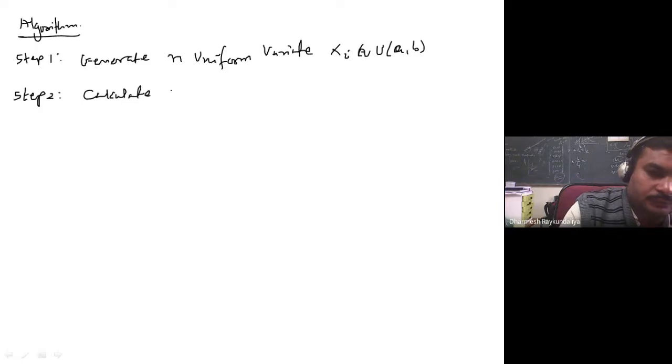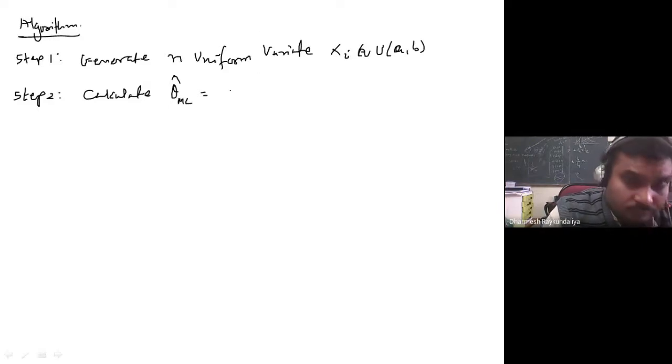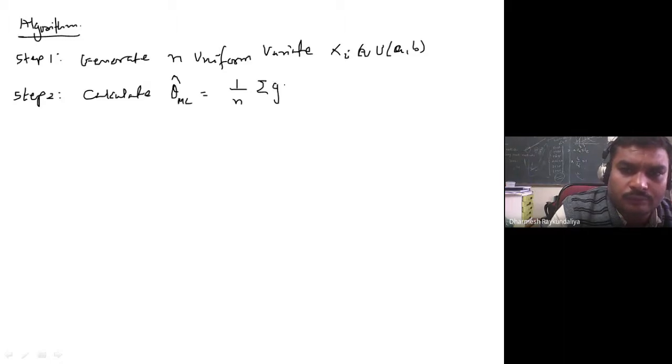Second step is calculate theta mc. What is theta mc? It is 1 upon n summation of g of xi. What is g?